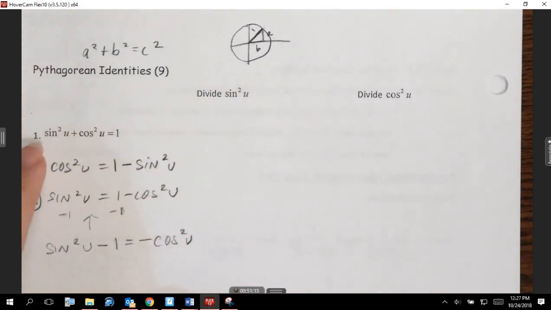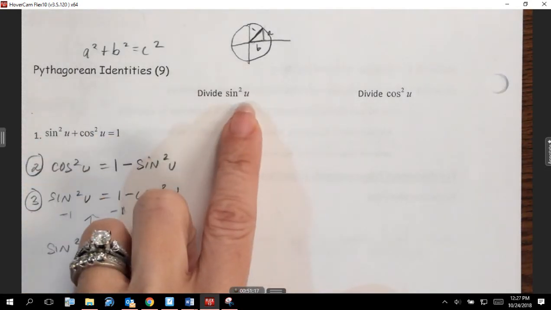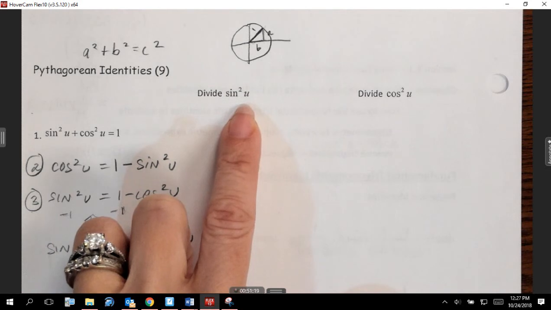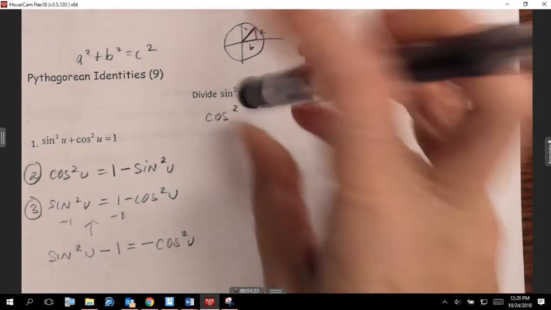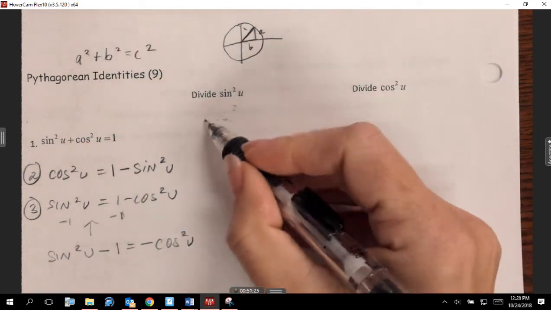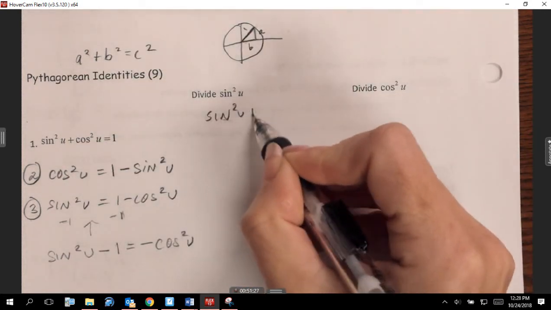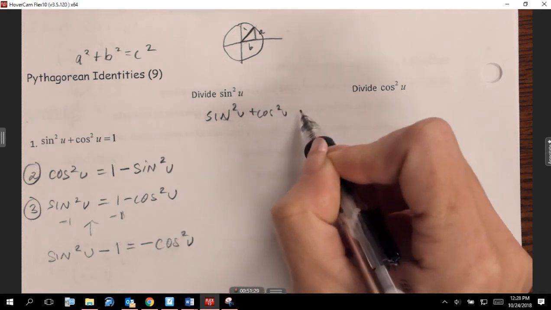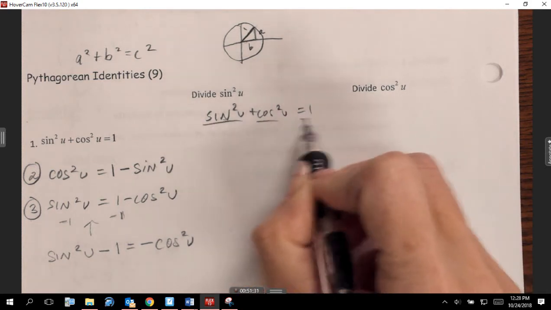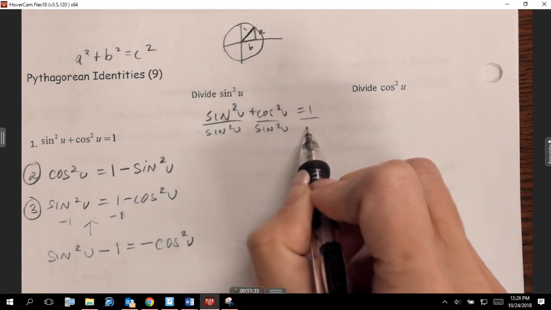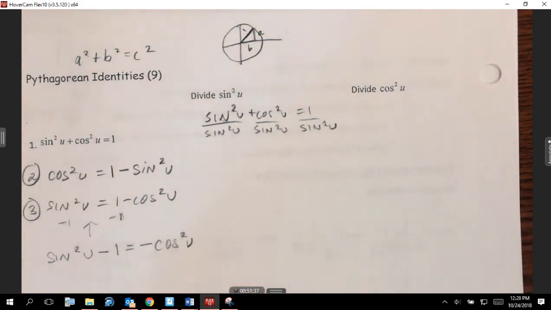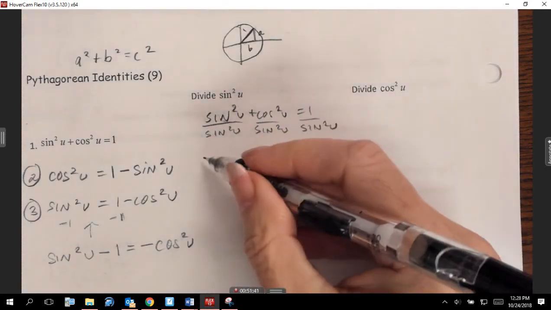Using that thought process, I'm going to take this original one, sine squared u plus cosine squared u equals 1, and divide everything by sine squared u. I'm going to simplify what I have, and that's going to be another identity.